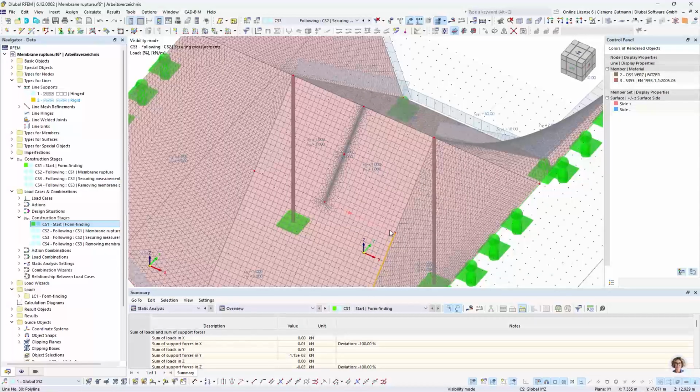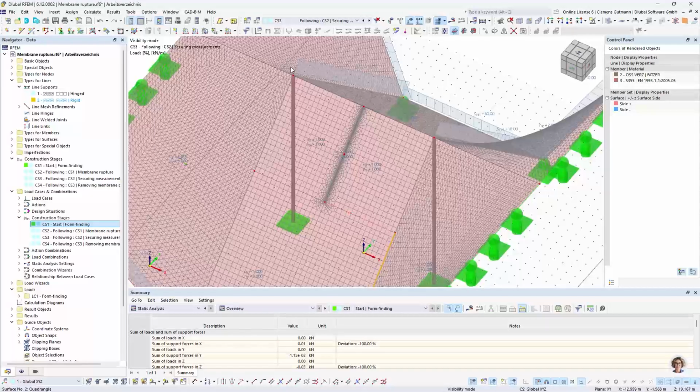And the cable that we would model in the beginning and then want to activate in a later stage won't connect to the rest of the structure. This is something we have planned to improve for the future, but we can do this in a different manner.